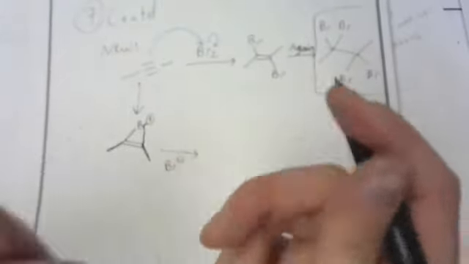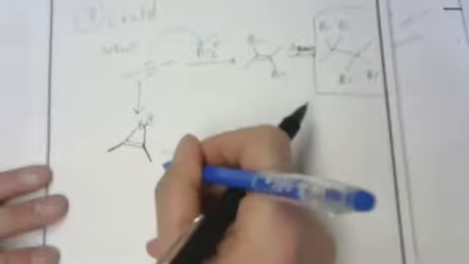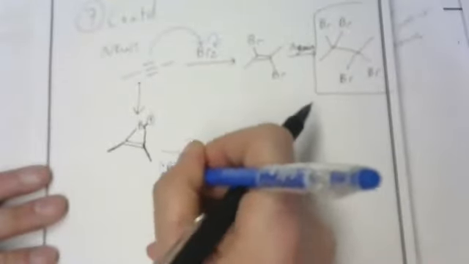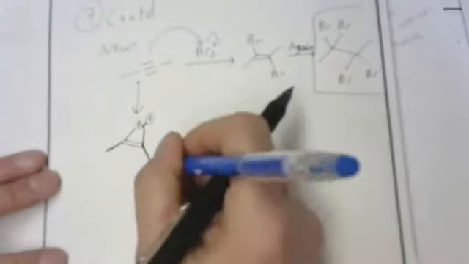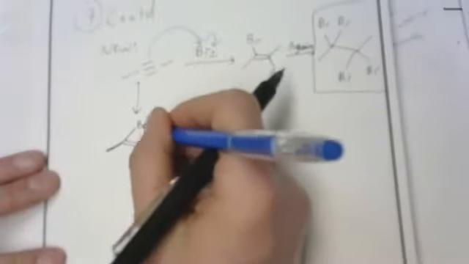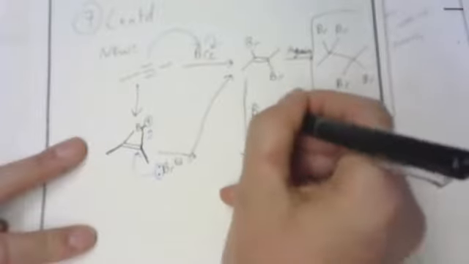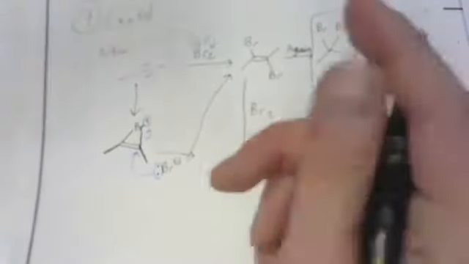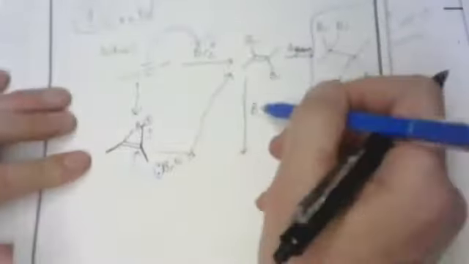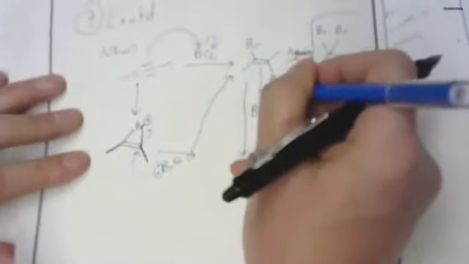So Br minus now just attacks this thing, and we'll just attack from the back. What that gives you is essentially the first intermediate. It just opens up and you get a dibromide. Now we're going to do it again, and this is where it gets a little funny to draw, so I'll do my best. The alkene attacks again.